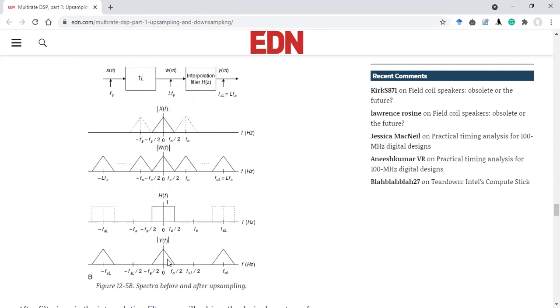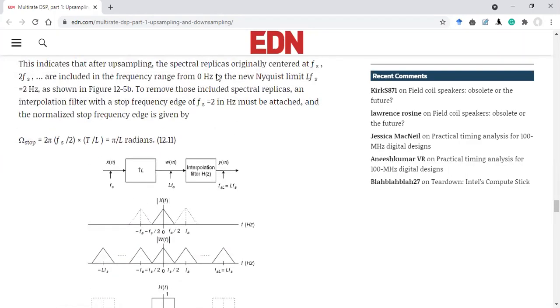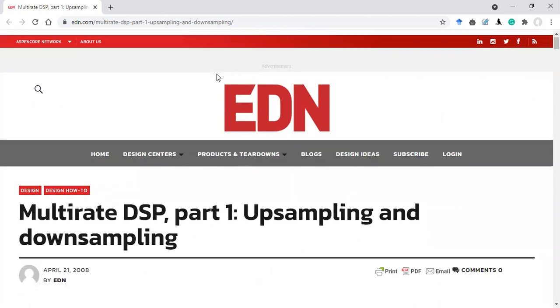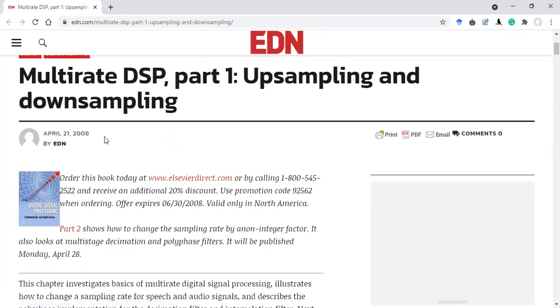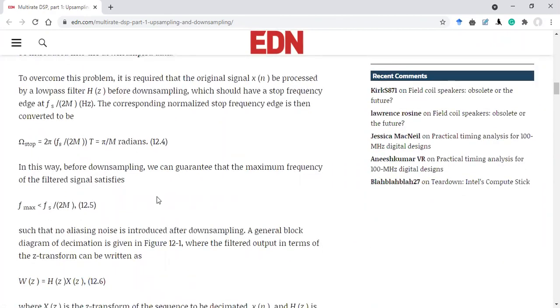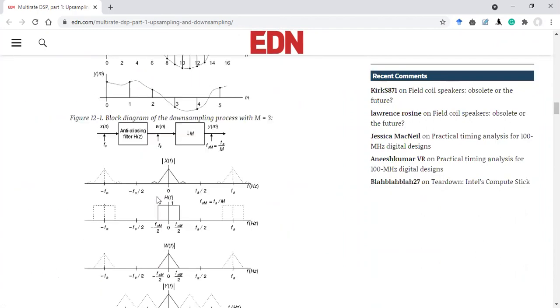In case you want to study upsampling and downsampling further, please go to this website. It is a note by EDN, and you can read on this further.